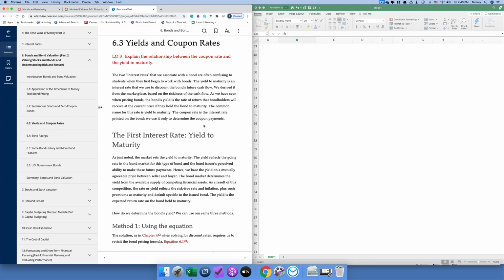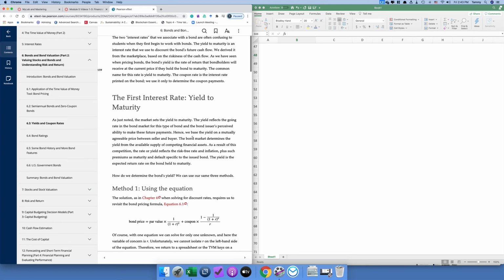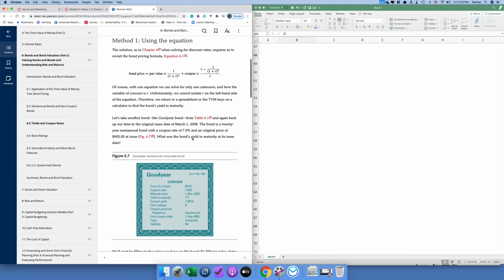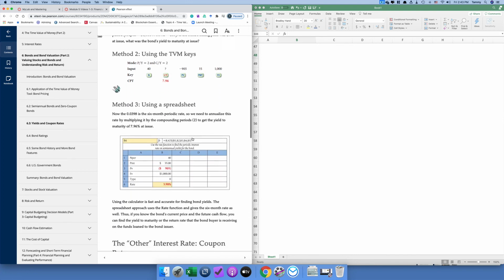Because your yield is your discount rate. The coupon rate defines what your payment is. If you know one and you know your par value and you know your present value, you can impute the other one. And so this whole section of the book just reiterates that, right?